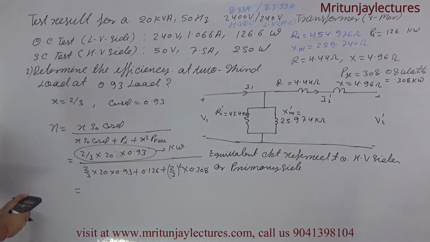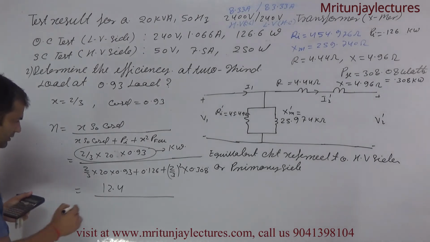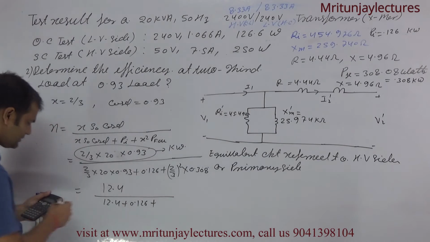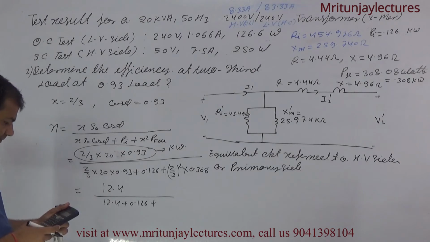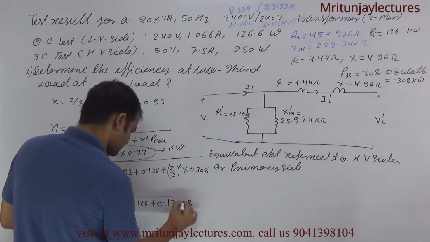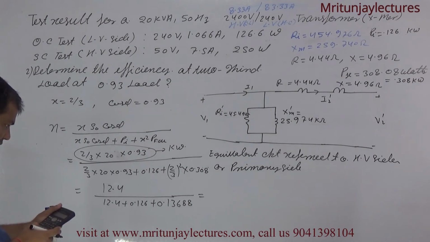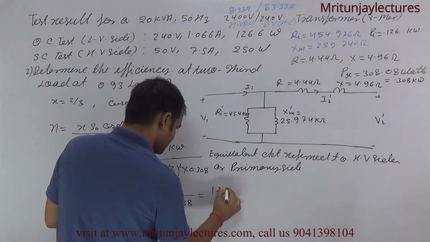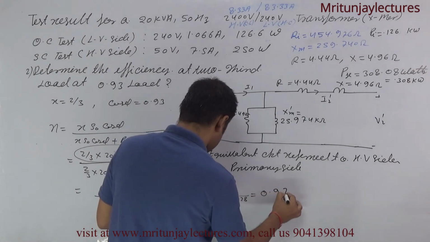Now determine 20 into 0.93 into 2 divided by 3, that is 12.4, divided by 12.4 plus 0.126 plus 2/3 square into 0.308, that is 0.13688. Then the result is 0.9790.